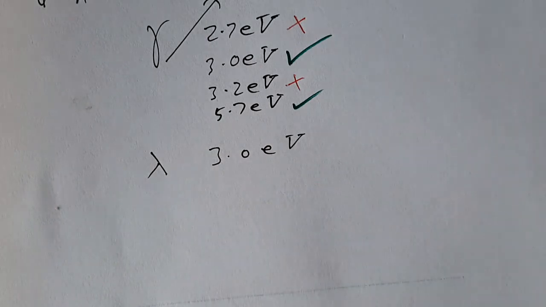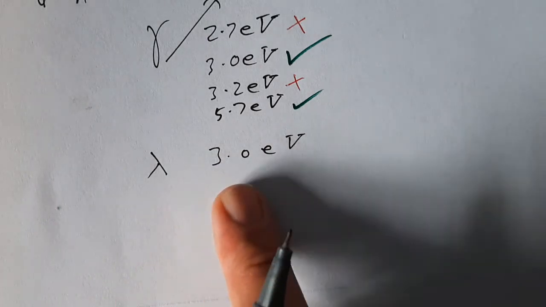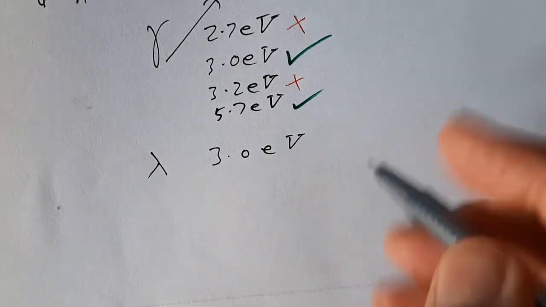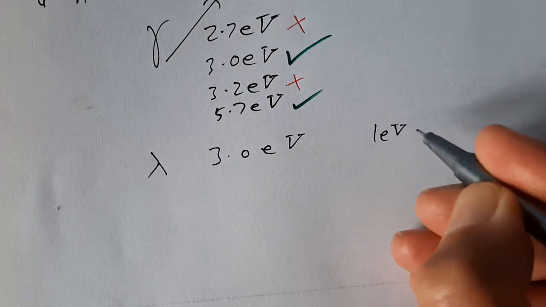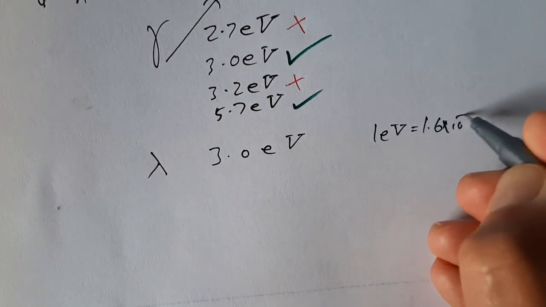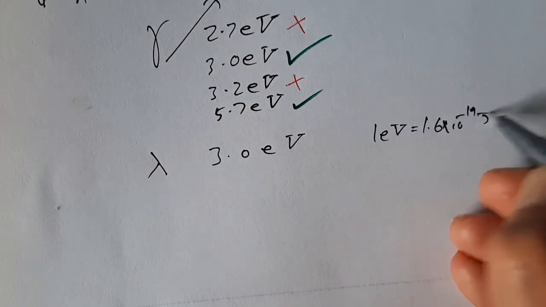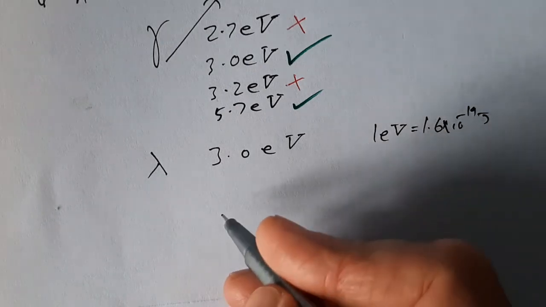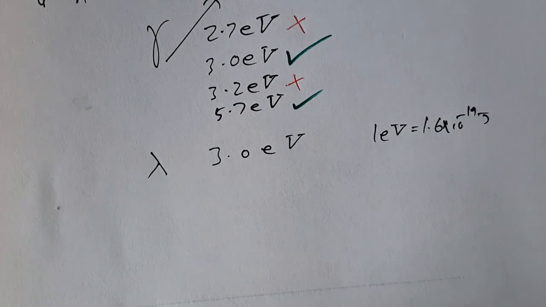So we've got to do a 2-step process. First of all, I've got to convert 3 electron volts into joules. So remember, 1 electron volt is 1.6 times 10 to the minus 19 joules. And in the end, you've got to know that, although you can get a reminder, because that's the magnitude of the charge on an electron, off the data sheet.